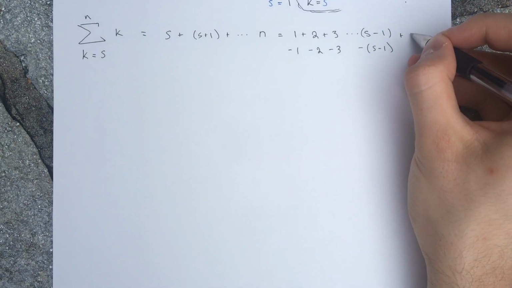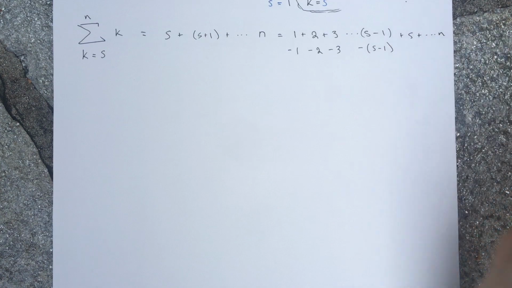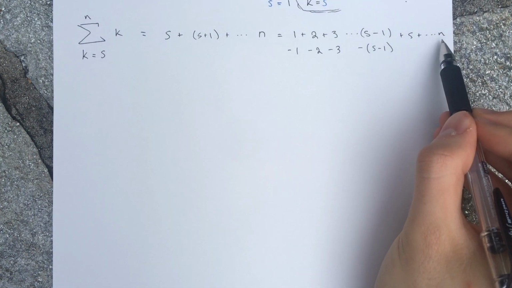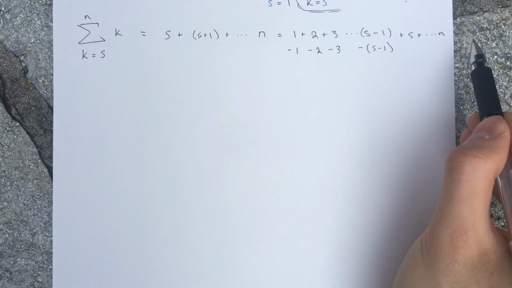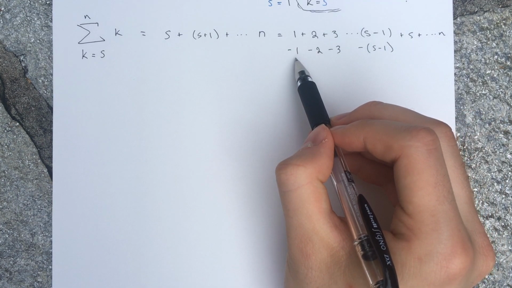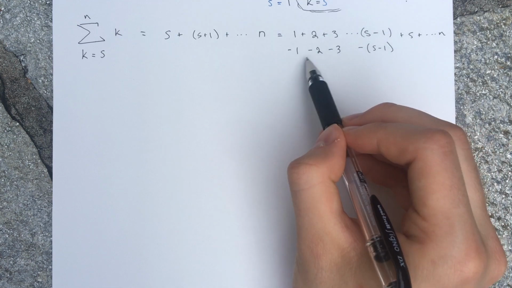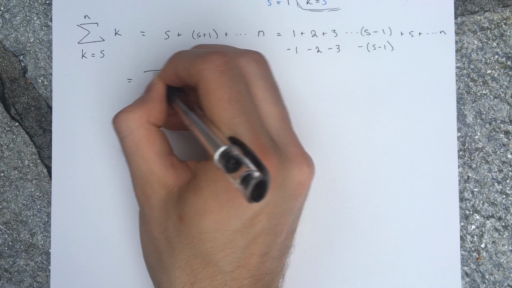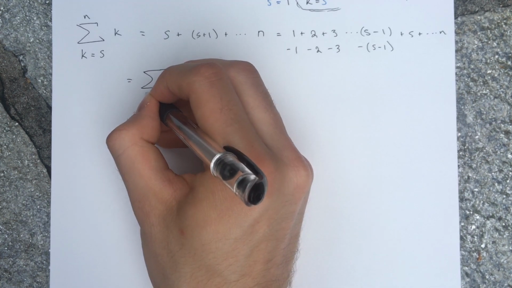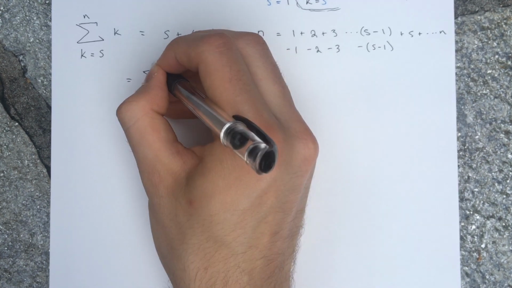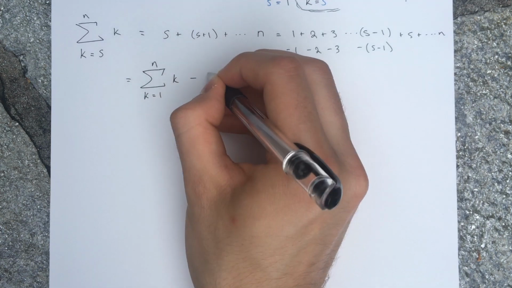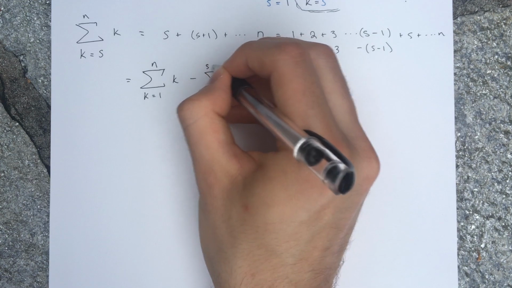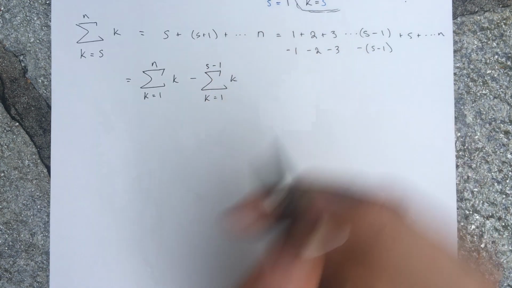And then we'll add the rest. So this top right here, this is just the summation of 1 until n. And this is subtracting the summation of 1 to s minus 1. So we can write this as the sum k equals 1 to n of k minus the sum k equals 1 to s minus 1 of k.